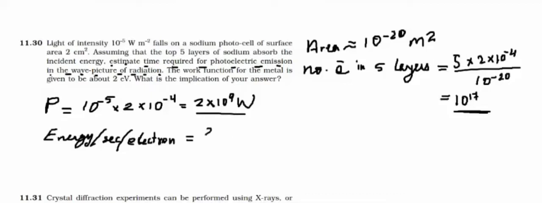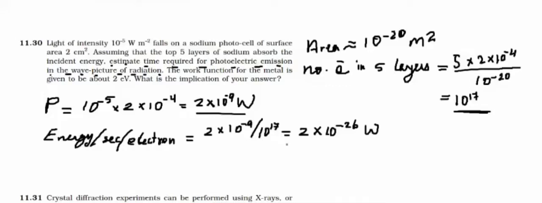Total energy is 2 into 10 power minus 9, and we have 10 power 17 electrons. So per electron, this will be the answer, around 2 into 10 power minus 26 watts. We take watts because it is energy per second.